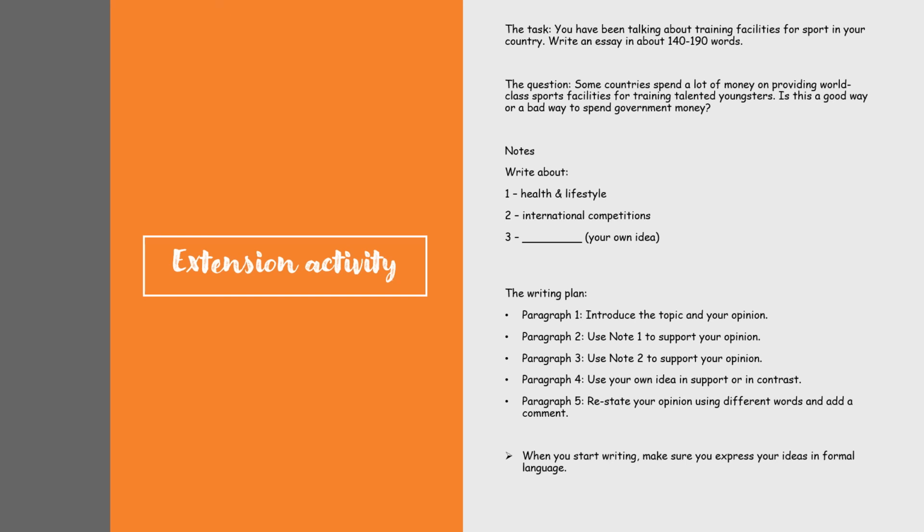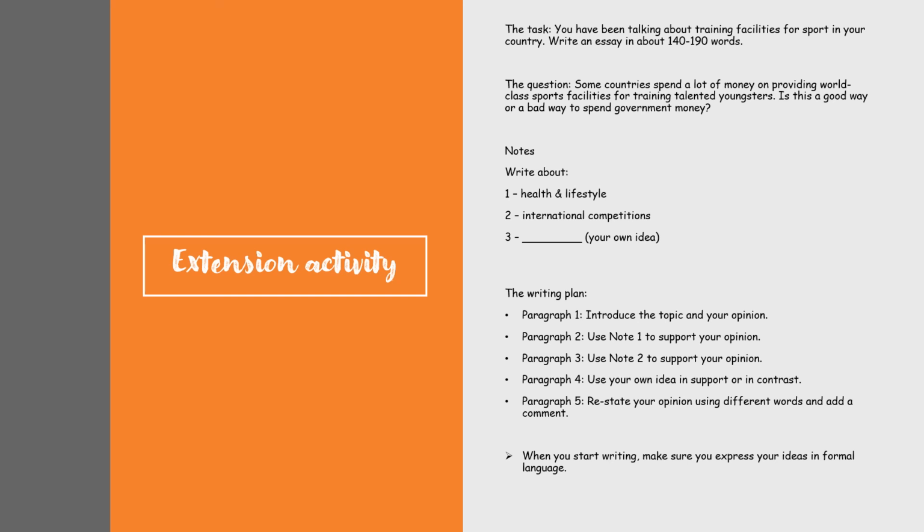Look at the writing plan. Paragraph 1, you need to introduce the topic and your opinion. In paragraph 2, you may use note 1 to support your opinion. Paragraph 3, use note 2 to support your opinion.